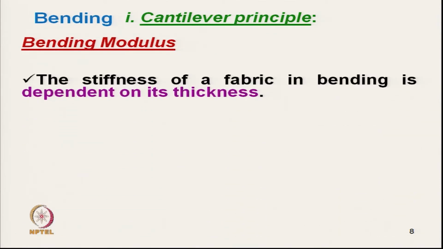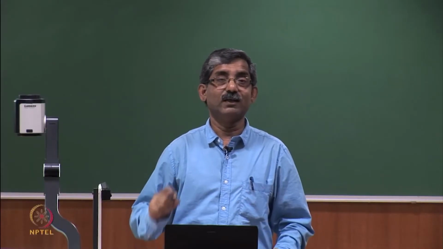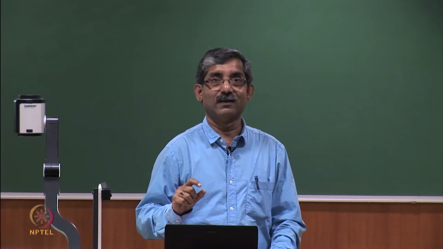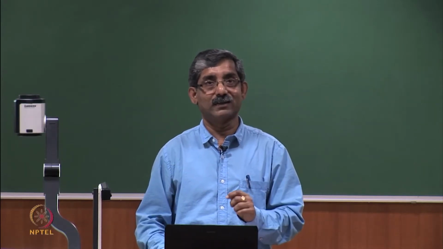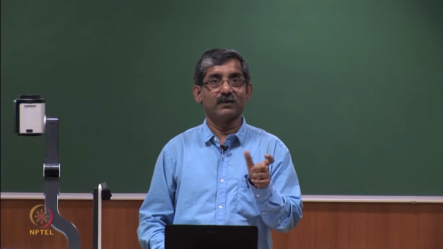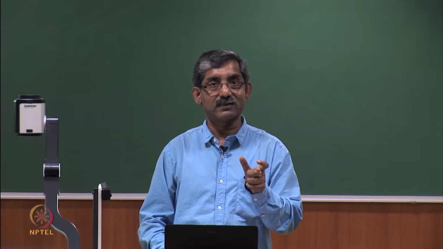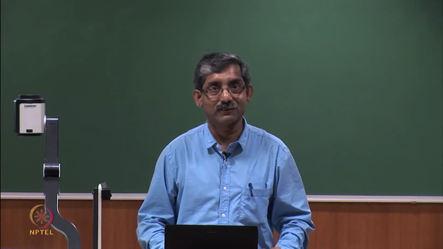And bending modulus: the stiffness of a fabric in bending is dependent on its thickness. That means, for similar structure, if we increase the thickness, the stiffness will increase. Okay. So, if the flexural rigidity is the same, we can still have different bending stiffness if we increase the thickness.